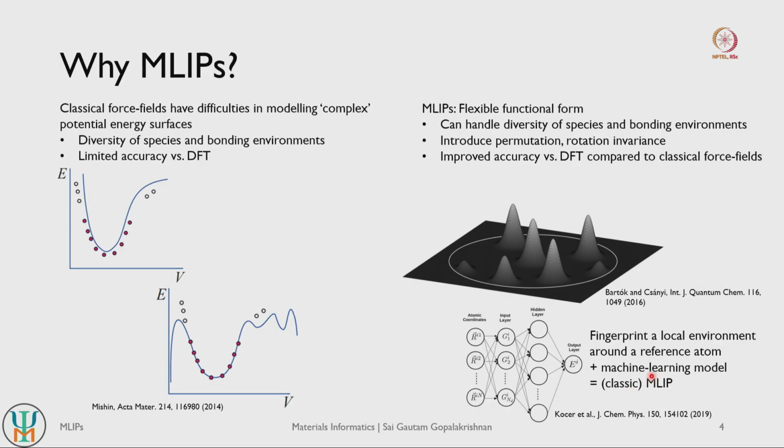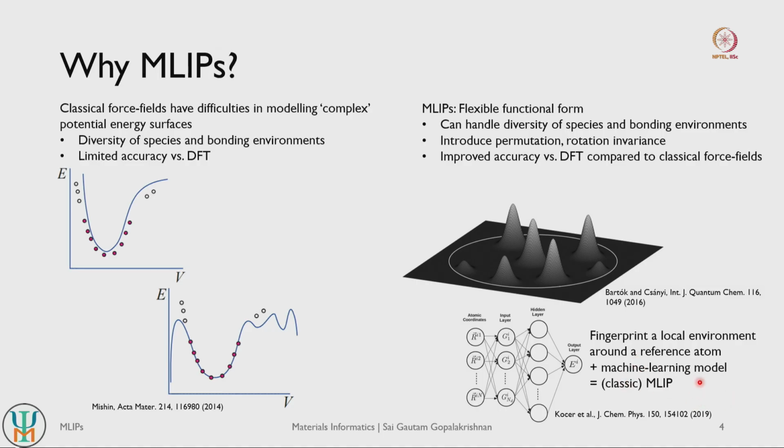So the more modern ones use more graph based neural networks, and the more classical machine learning interatomic potentials were all constructed in the last decade, so from the late 2000s to the 2010s. We can call them classical potentials, because they have this general idea: you do a fingerprinting exercise, generate a set of features or embeddings, and then you pass it on to a machine learning model, right.